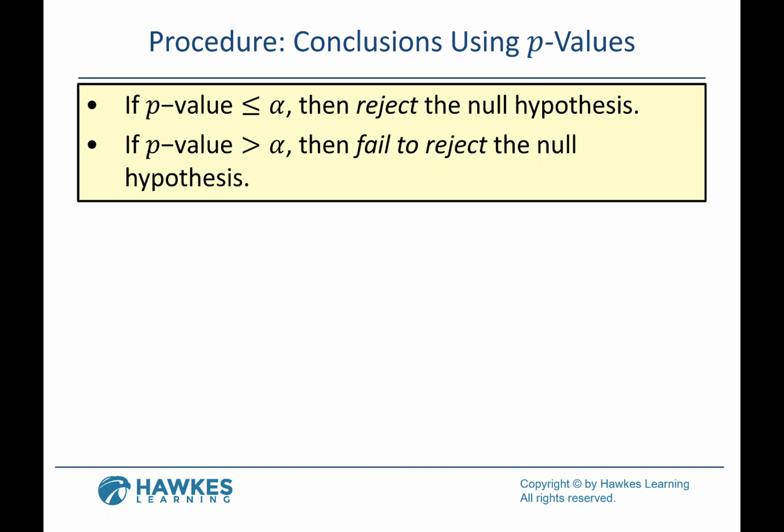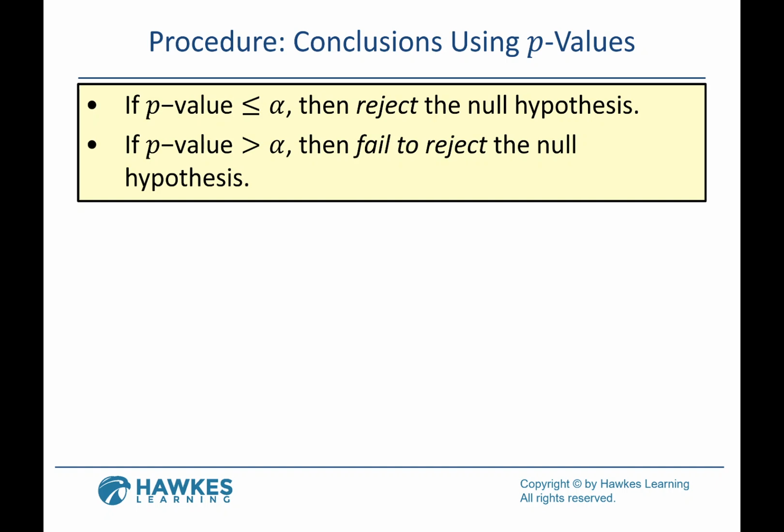You can think about alpha, our significance level, as being how willing we are to risk making a type 1 error. So type 1 error is when we reject a true null hypothesis. Remember, that's a strong statement, so we don't want to mess up and make a really strong statement that's wrong. So we usually want alpha to be pretty small. However willing we are to make a type 1 error, that's usually our significance level.